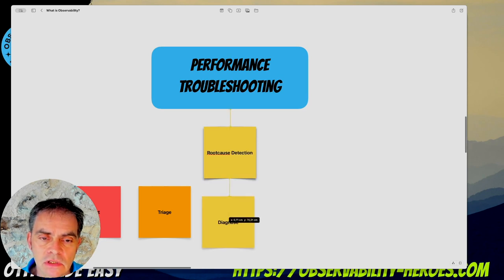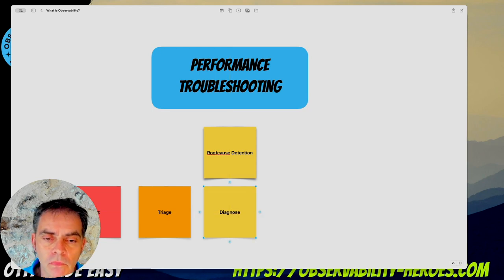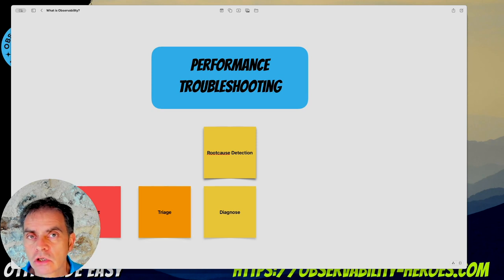And diagnostics can lead to a root cause detection. Root cause detection means I have identified the culprit, the bottleneck, the memory consumer, the reason for the memory leak, and I can fix it. This could be a code change, this could be a configuration change, this could be added resources, or simply a restart. No, not a restart. That's the fix. But the root cause can be anything. And in highly distributed systems, finding the root cause is massively easier if you have observability data.